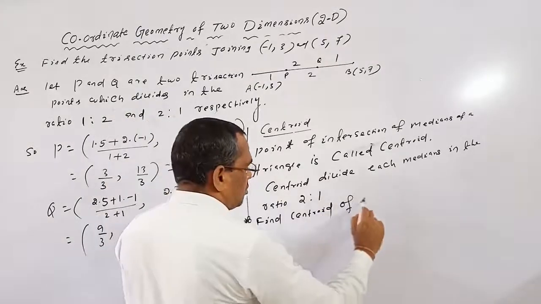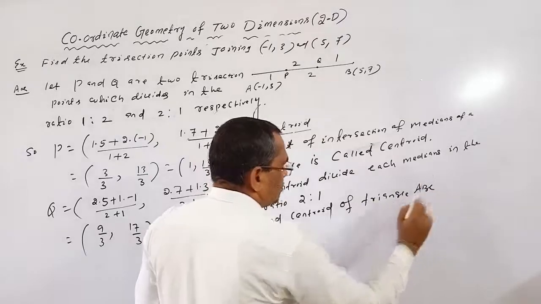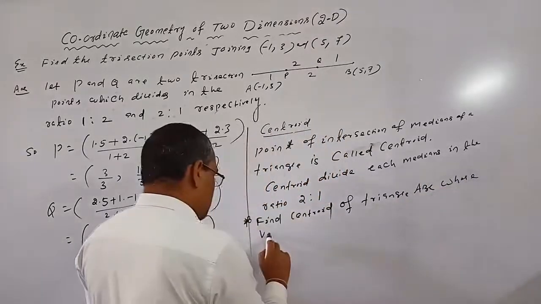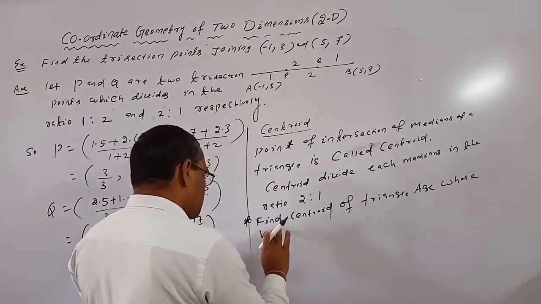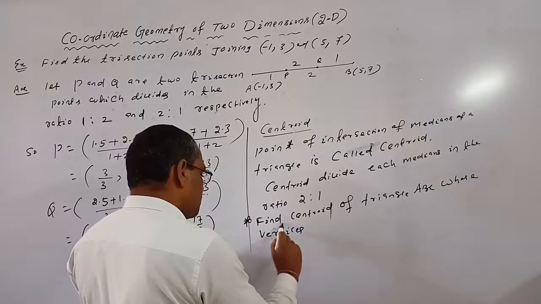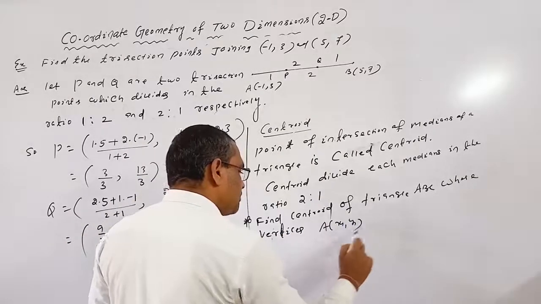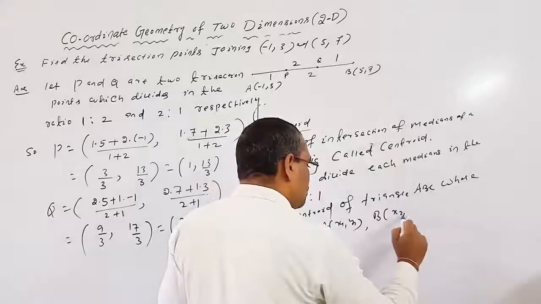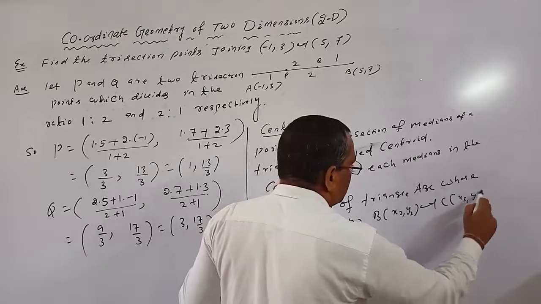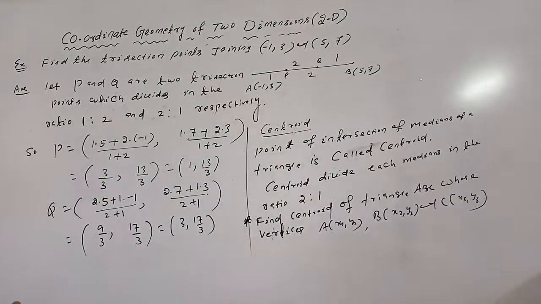Find the centroid of a triangle ABC whose vertices are A of x1 y1, B of x2 y2, and C of x3 y3. So how can you find the centroid of a triangle ABC?